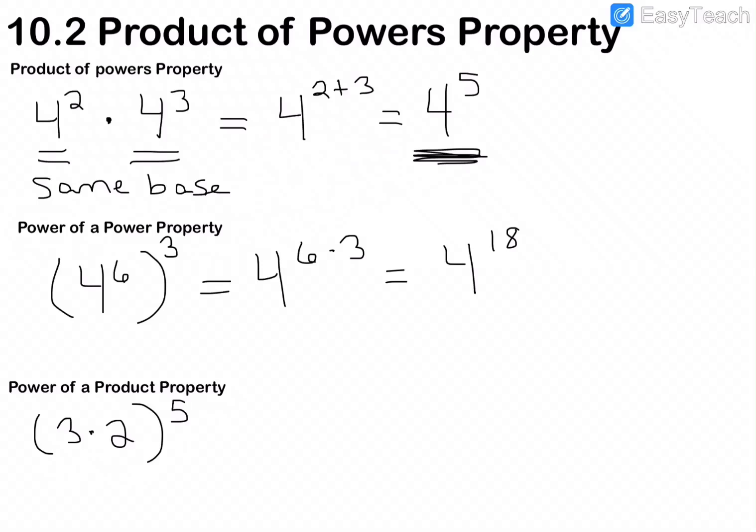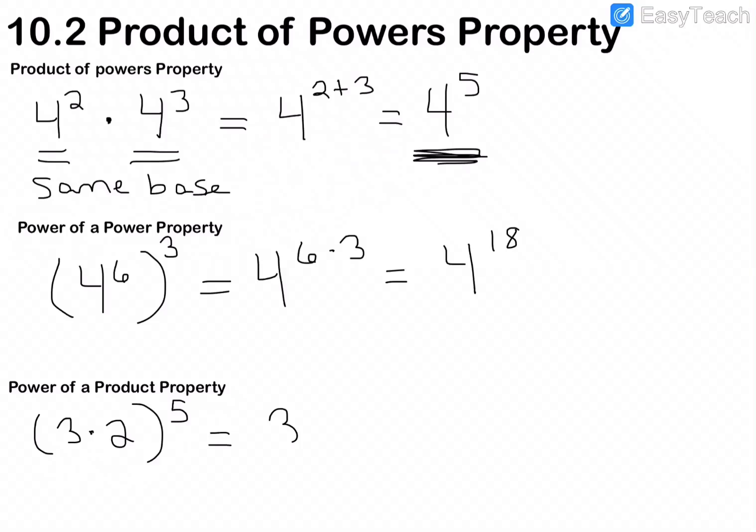Okay? So when you have a situation like this, and this includes variables too, if you have 3 times 2 to the power of 5 like I have here, or let's say you had x times 2 to the power of 5, this power of 5 is going to distribute to everything that's inside the parentheses.